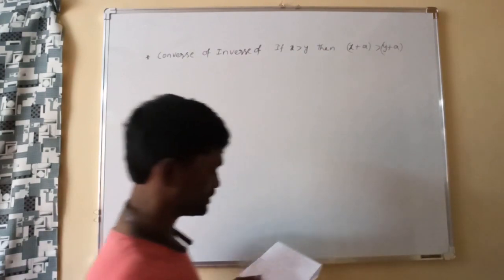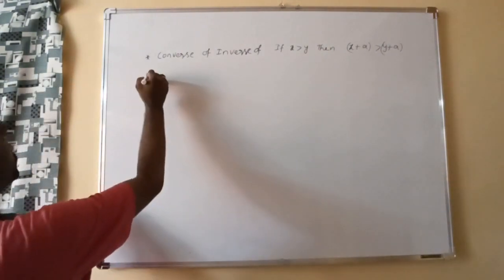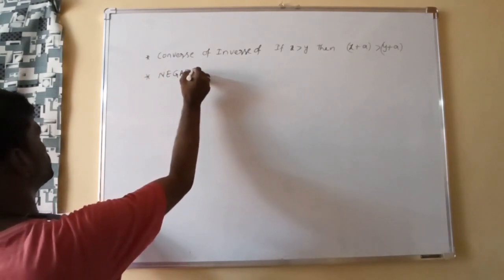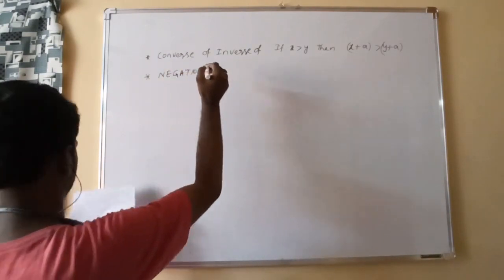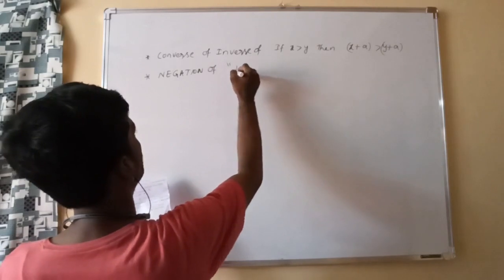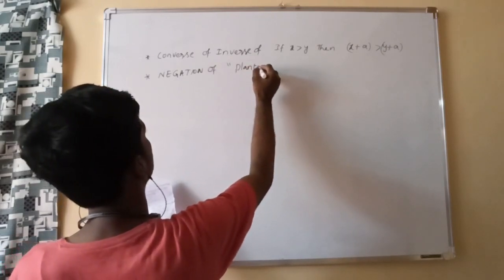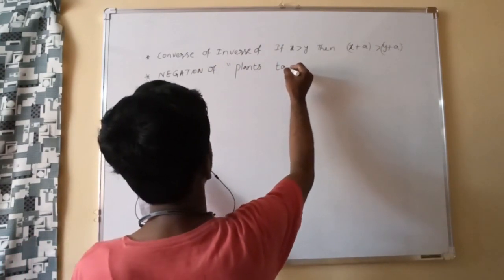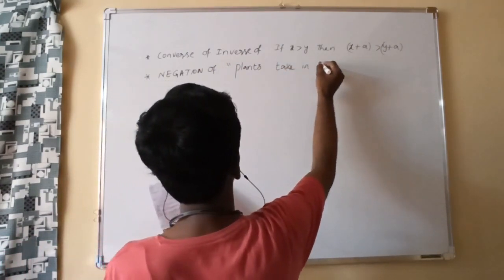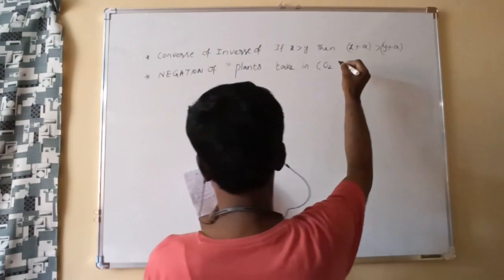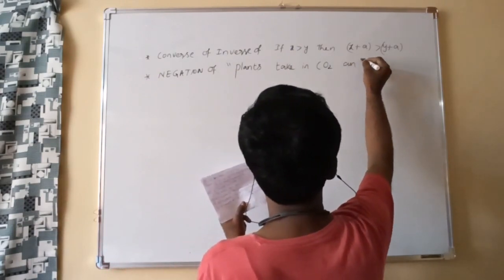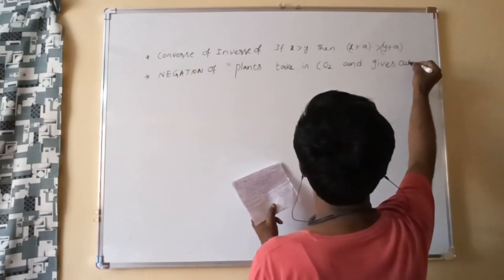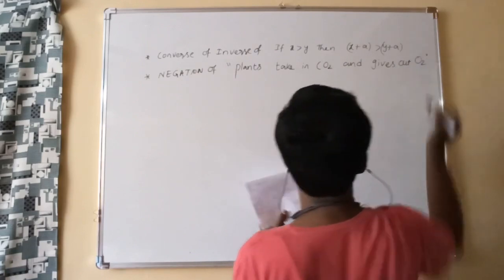This is the first question. The second question, what is the negation of the statement: plants take in CO2 and give out O2, oxygen, carbon dioxide?